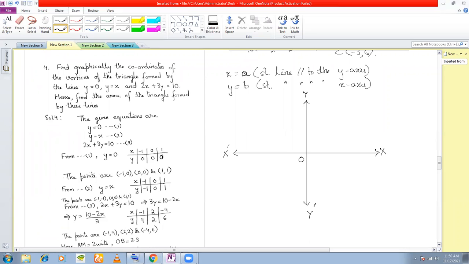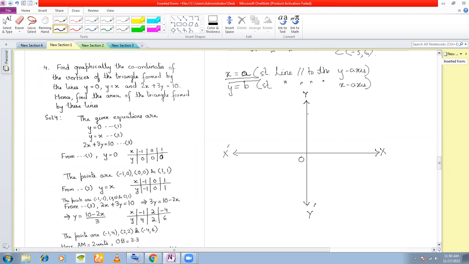So if the equation of the line parallel to the y-axis is x is equal to a, what should be the equation of the y-axis? Can anyone tell me what should be the equation of the y-axis? Anyone? No idea?